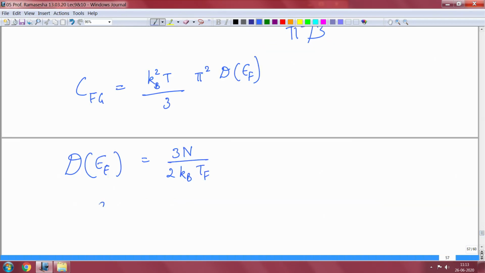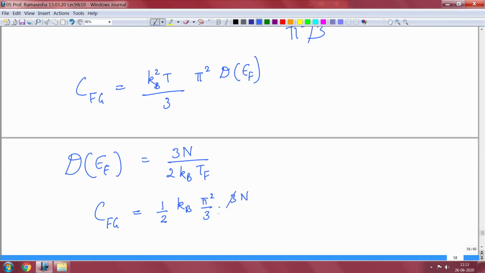So I get C Fermi gas is equal to 1/2 kB times pi squared by 3 into 3n.